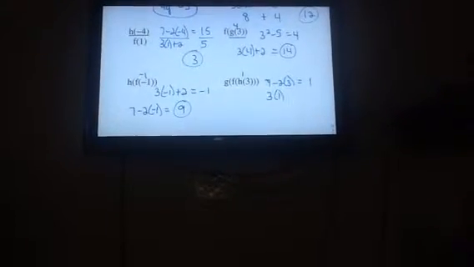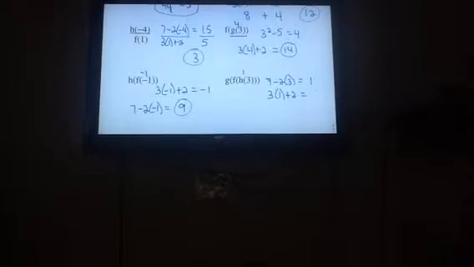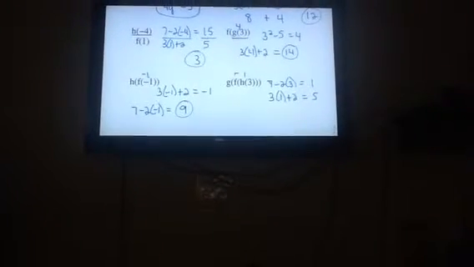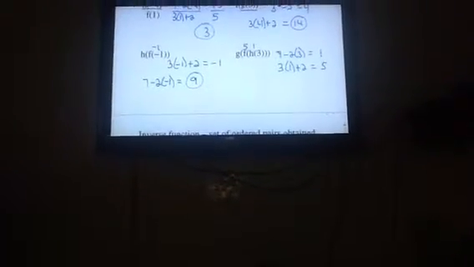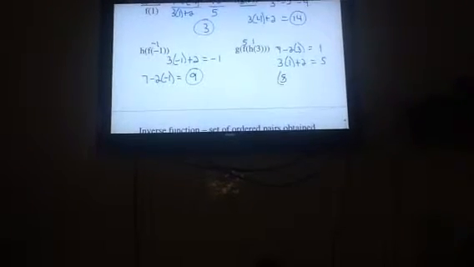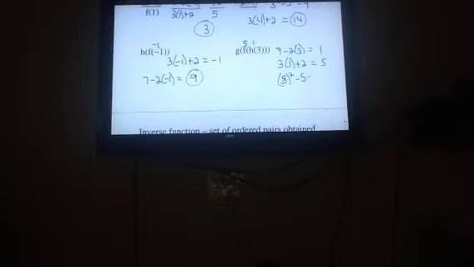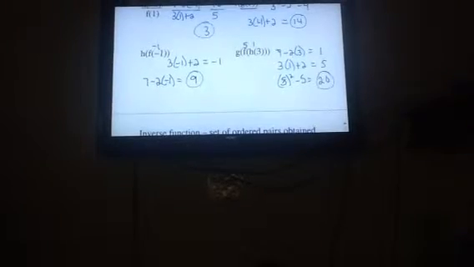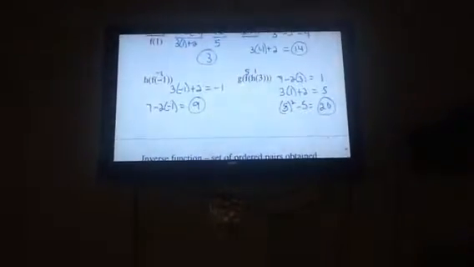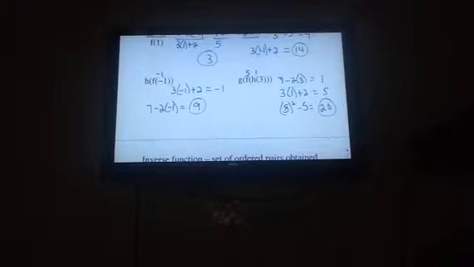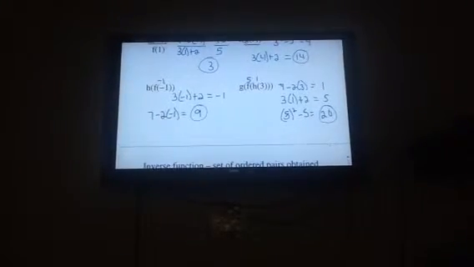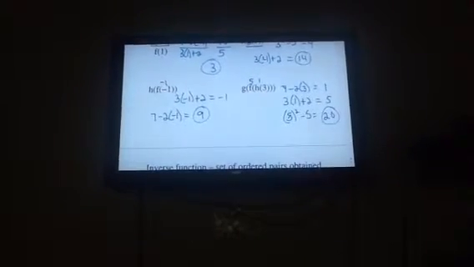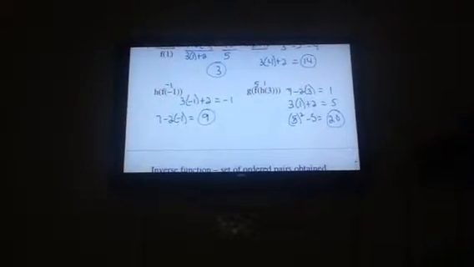So 3 times 1 plus 2 is 5. And then I'll find g of 5. Oops. 5 squared minus 5 equals 20. So again, this is what I meant by plug and chug. It's not difficult, but you got to know the notation and certainly how to plug the number in.